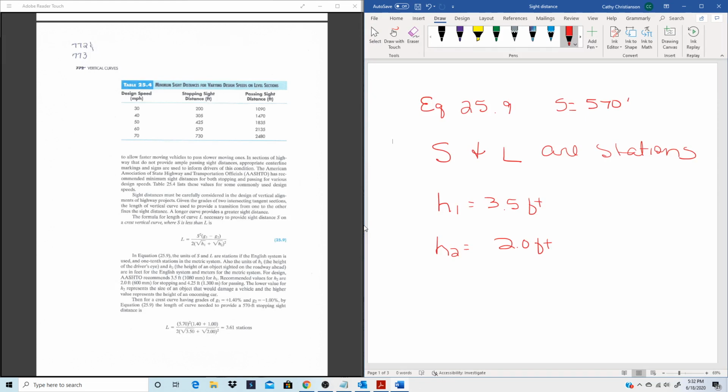And they recommend H2 for stopping, and I'm going to write stopping, and H2 for passing, 4.25.